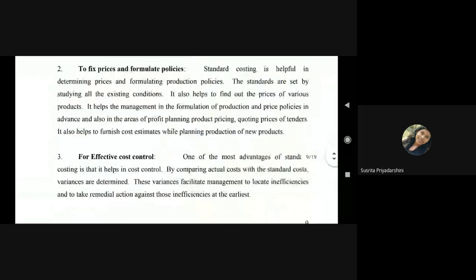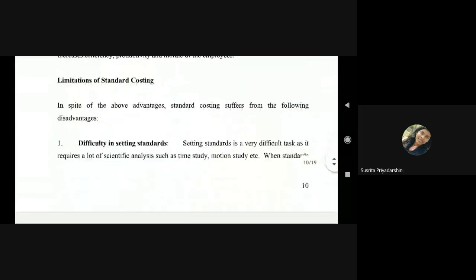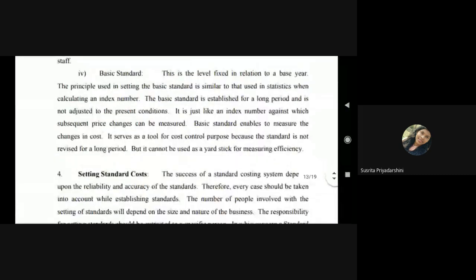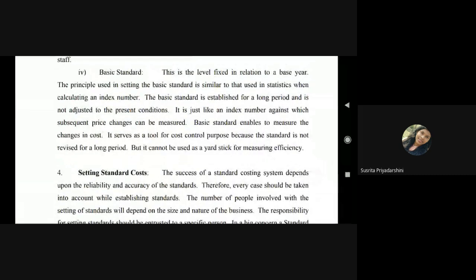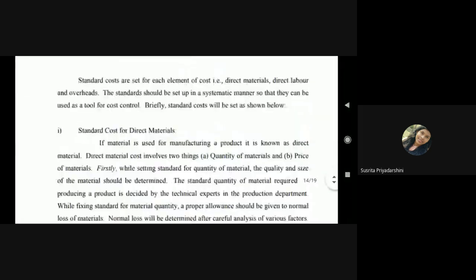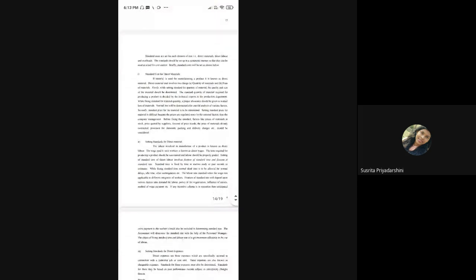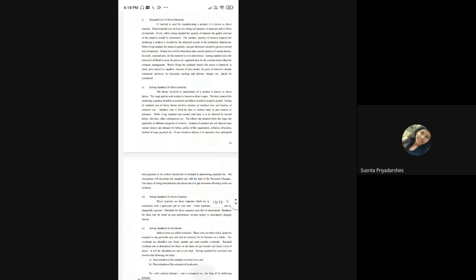Next comes, we are switching to the problematic part. These are the basic or theoretical parts which you should know, but there are certain problematic aspects also which you should know.